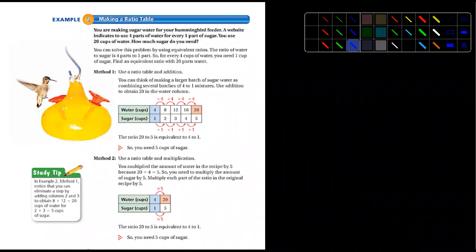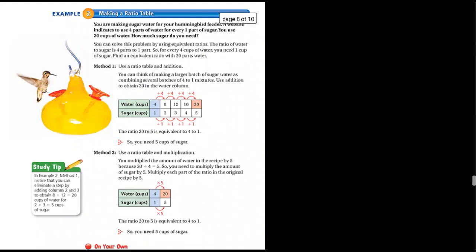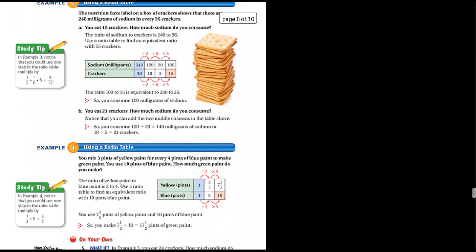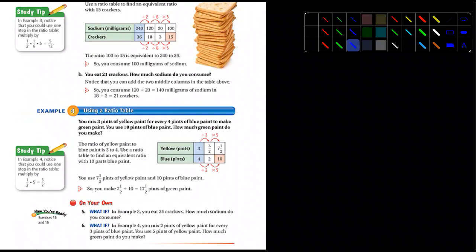But by doing that, the ratios stay equivalent. So sometimes in example 4 here, it's a good example, they get tricky because they start using fractions.